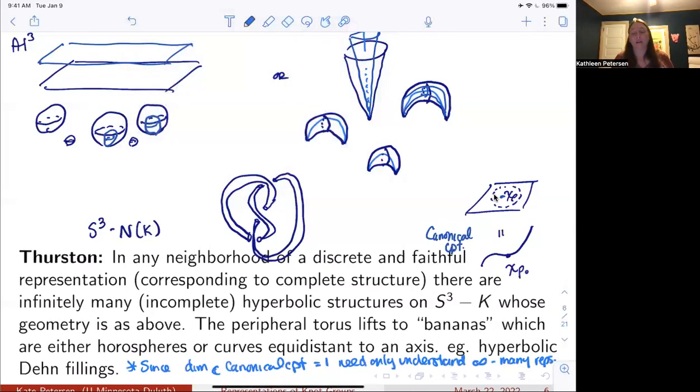In particular, if I just understand the equations that govern the Dehn fillings, and if I can unify those equations, then there's a Zariski closure, meaning basically the equation that governs them all, governs the canonical component, will also have to satisfy these.